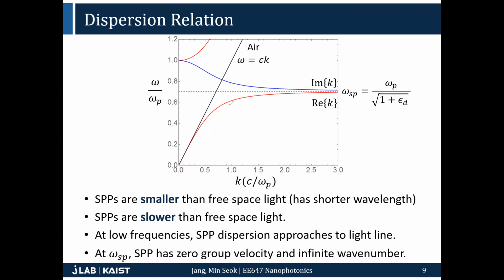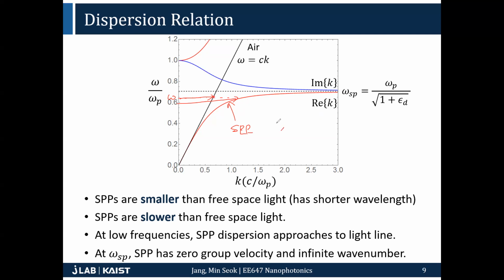First one is that this dispersion is called surface plasmon polariton, and for surface plasmon polaritons, its K vector at the same frequency is always longer than the free space K vector, right?